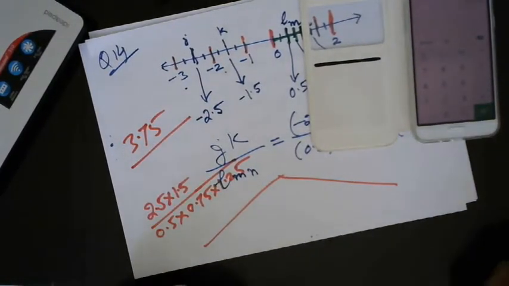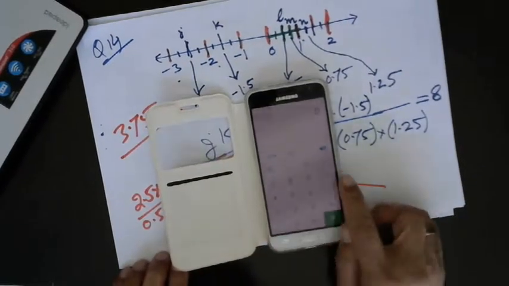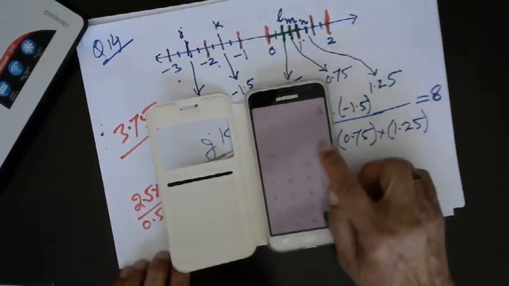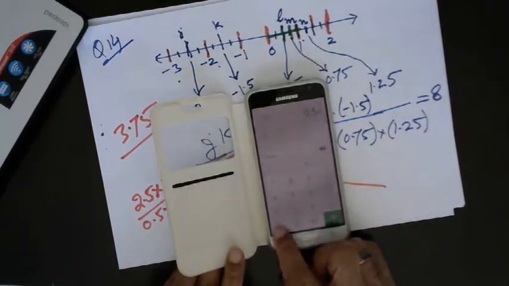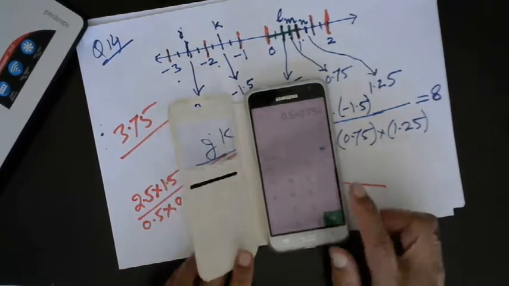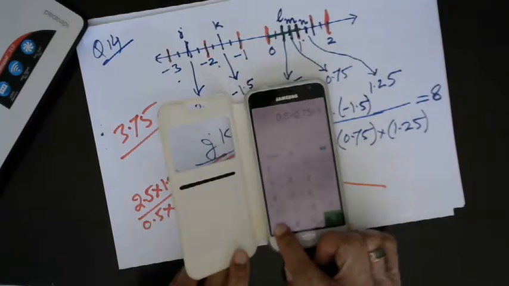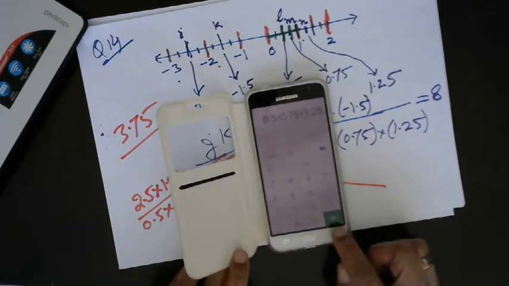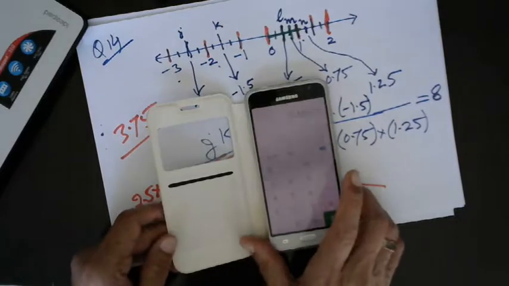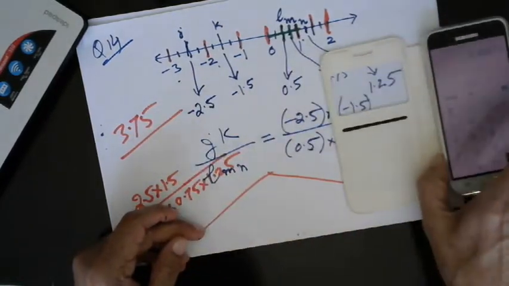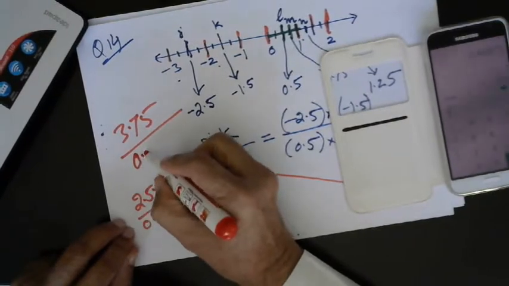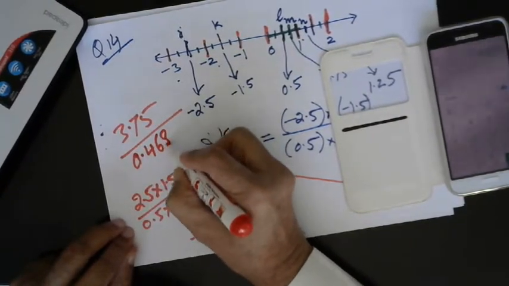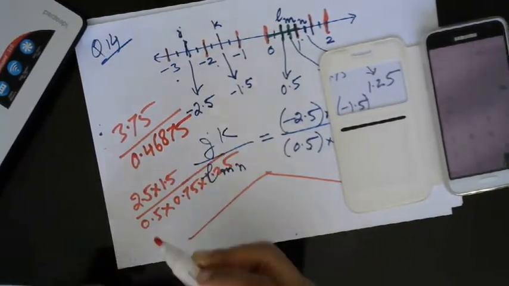Okay. And if I multiply 0.5 times 0.75 times 1.25, I will get 0.46875.